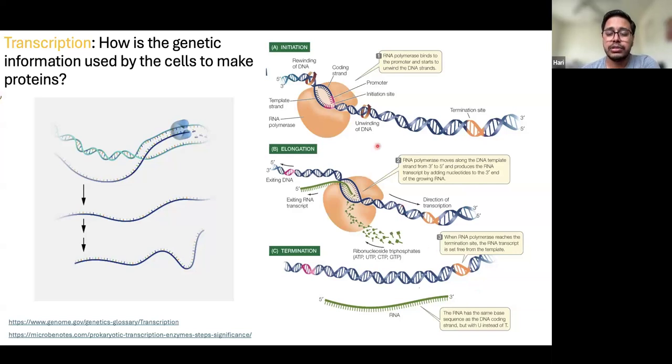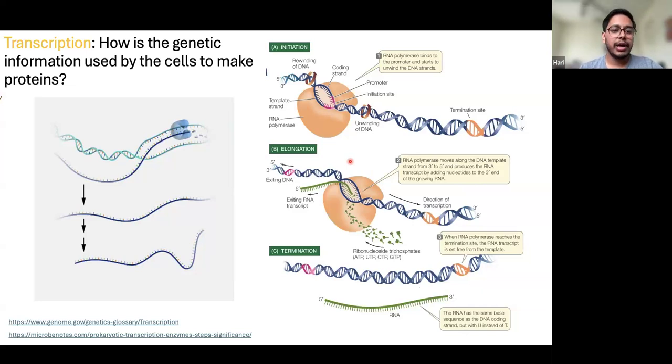This process happens at a very fast rate, almost around 30 to 40 nucleotides per second. So the RNA polymerase can make an mRNA strand at that speed. These molecular machines are very efficient in carrying out these complicated steps at a very fast rate.